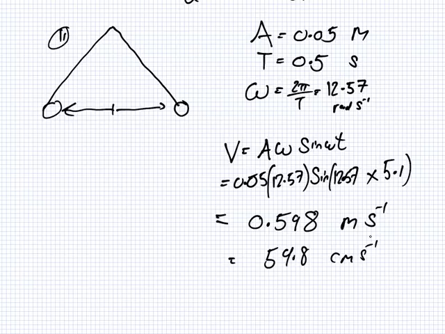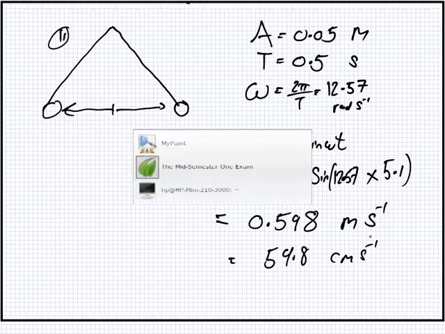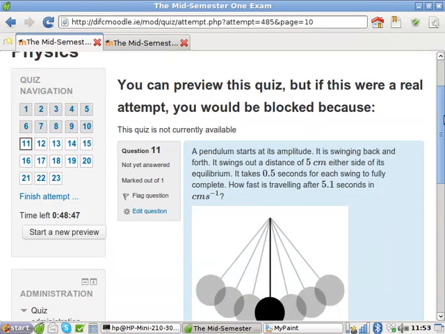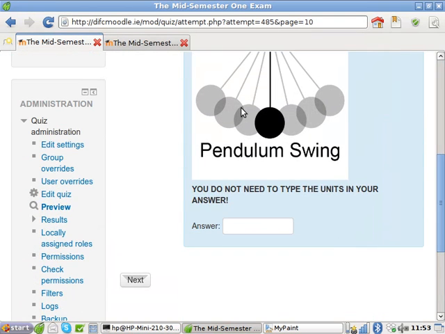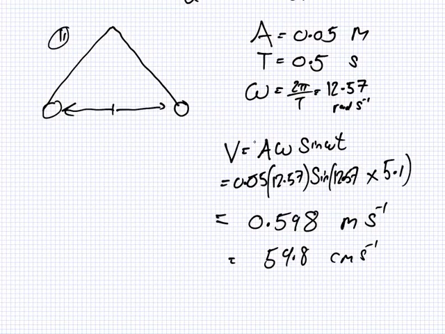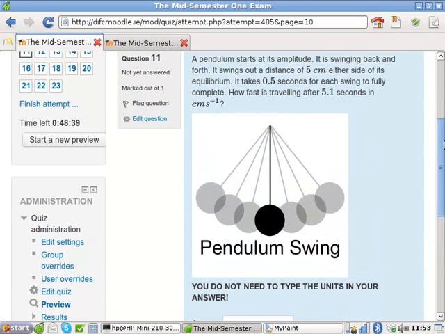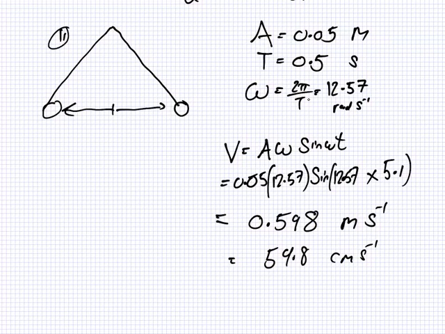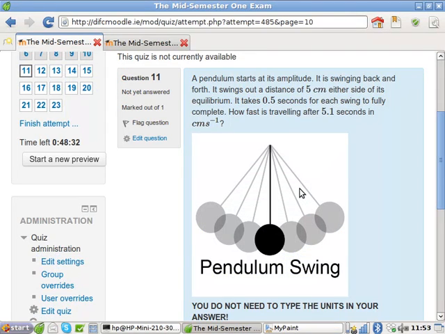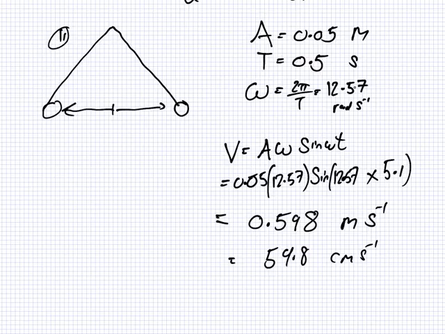Yeah, 59.8. Is that the right answer or not? No, what did I say? 0.05 times 4.5 times, that's A. 0.60, and then that's meters, right?